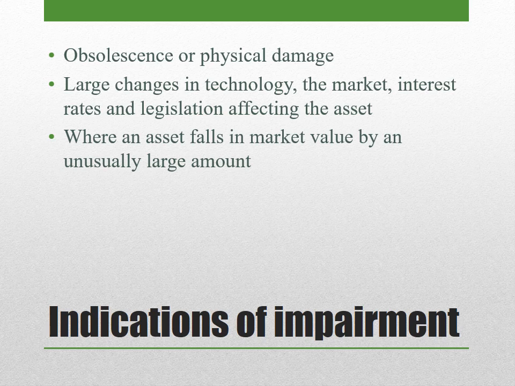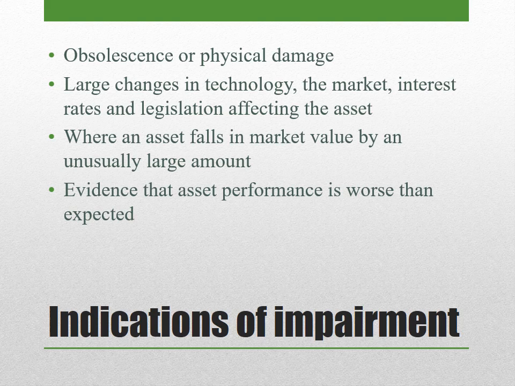We'd also take note of any large falls in the market value of an asset, as this might indicate that the fair value less cost to sell, or the value in use, might also have fallen.